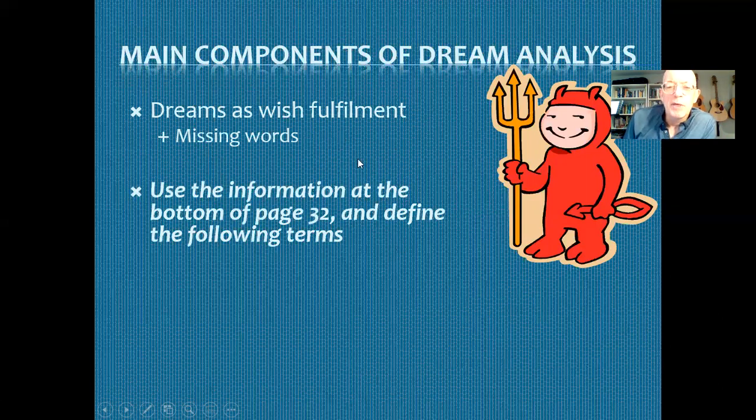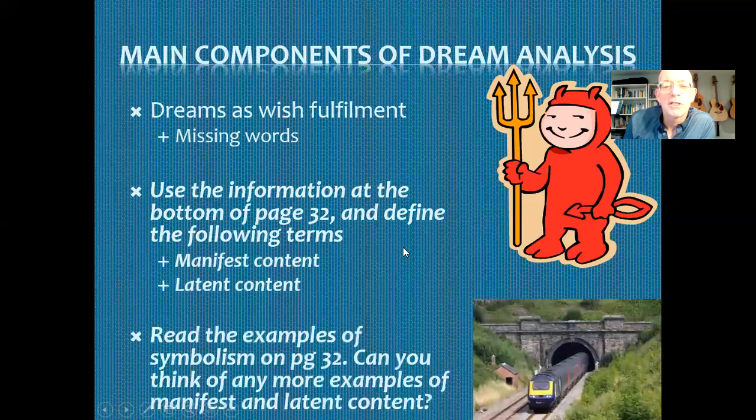Use the information at the bottom of page 32 and define the following terms. What do we mean by manifest content, latent content? Okay, so you need to know what those two are, all right? Again, I think there's space on the handout for you to complete that, but make sure that you've got yourself good definitions of those two, ideally with an example of both, okay?